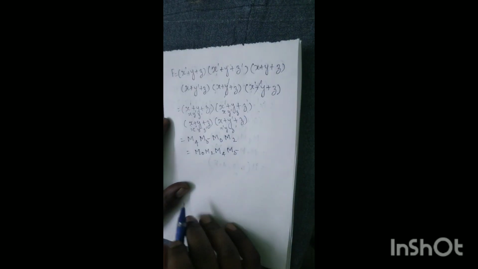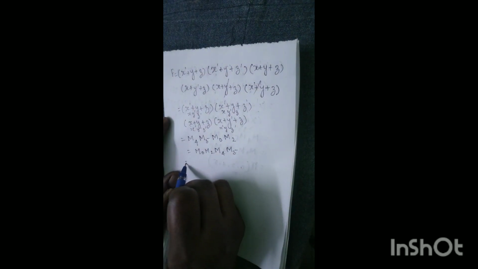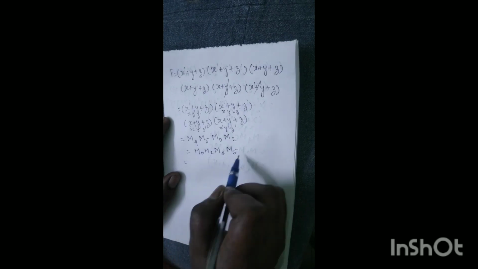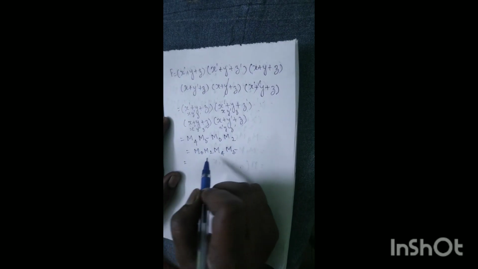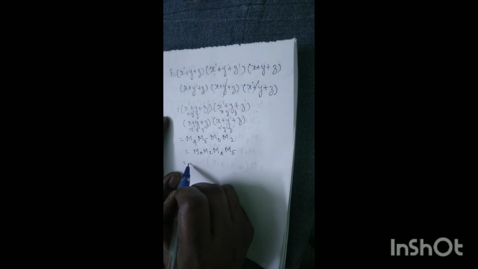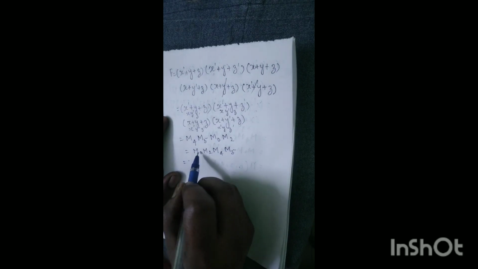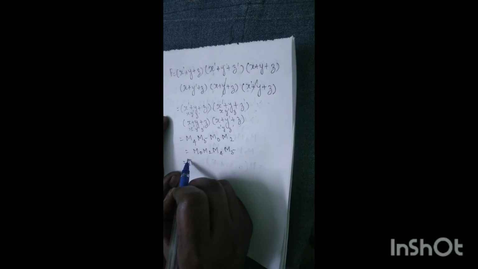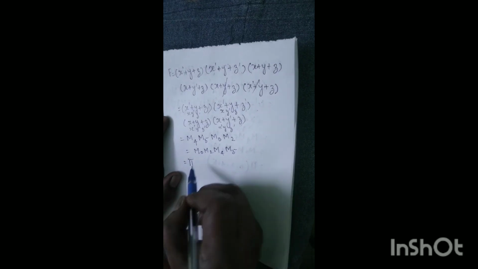The next step is we should write these values as canonical form. Canonical form means we should write the product of max terms. To denote product of max terms, we should write pi.